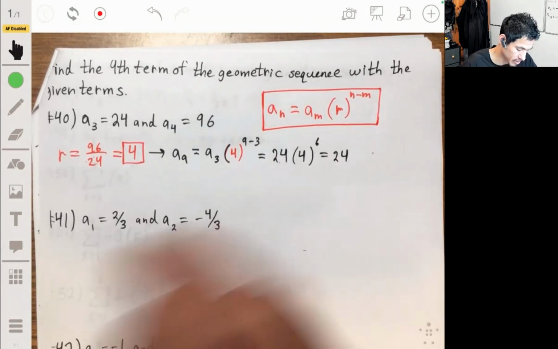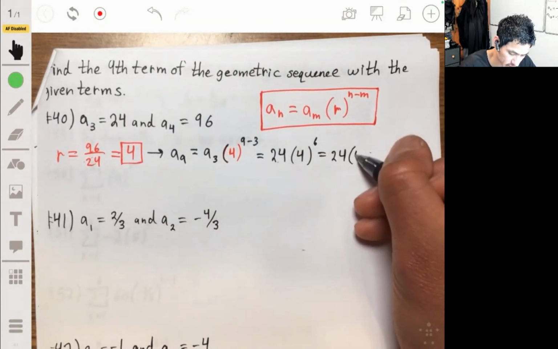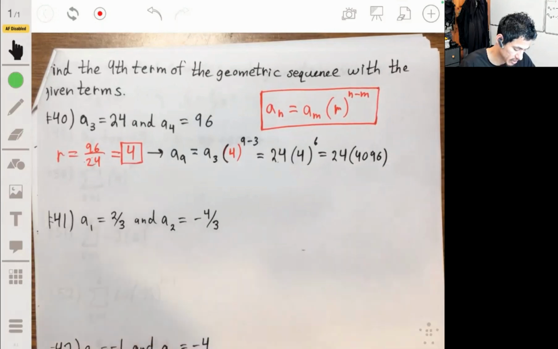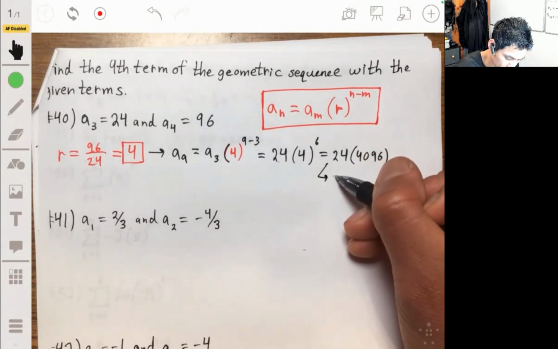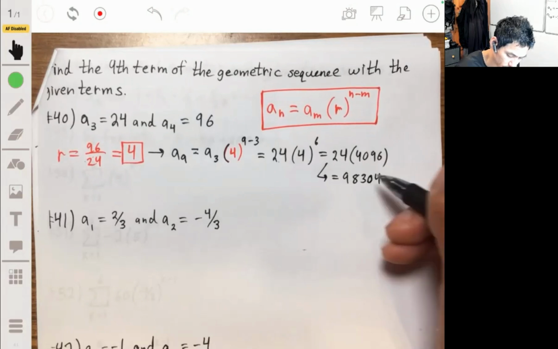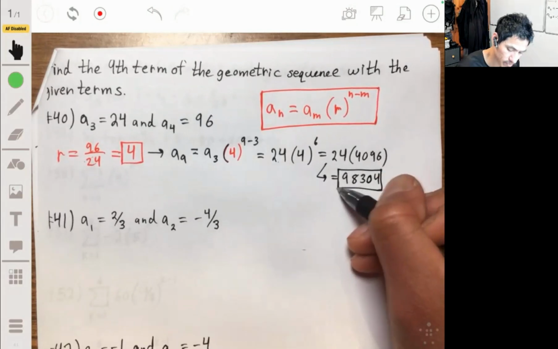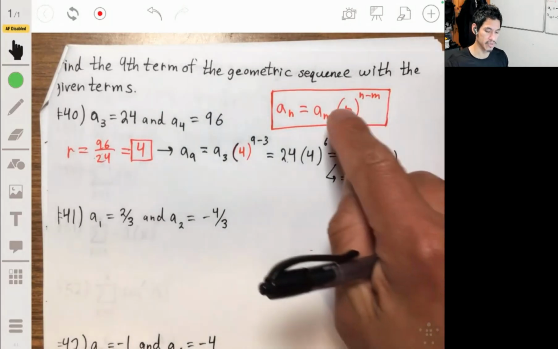So 4 to the 6 is 4,096. 4,096 times 24 will be 98,304. So you see, you don't have to waste time on finding a1 if you know how to use this one.